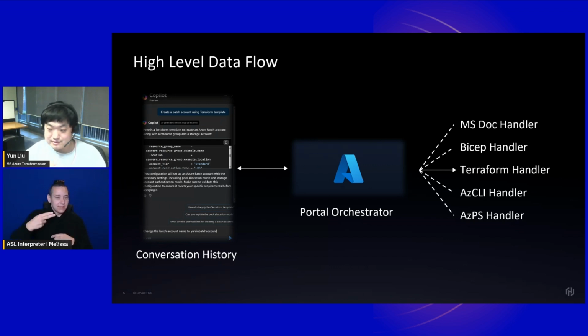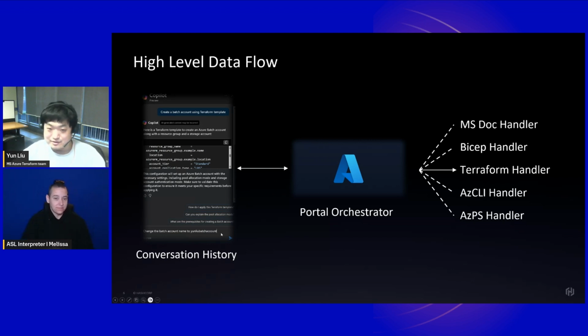After that, that conversation history will go to the portal orchestrator, and the portal orchestrator will select which handler to use. It analyzes the conversation history based on the user's intent to select the handler. So if I ask a question about Terraform, it will select the Terraform handler.